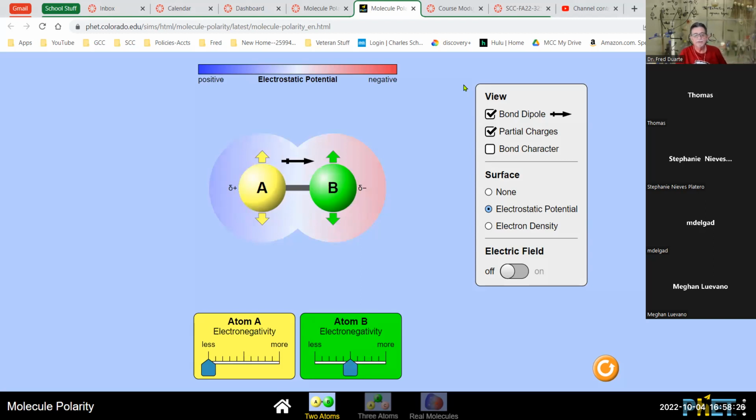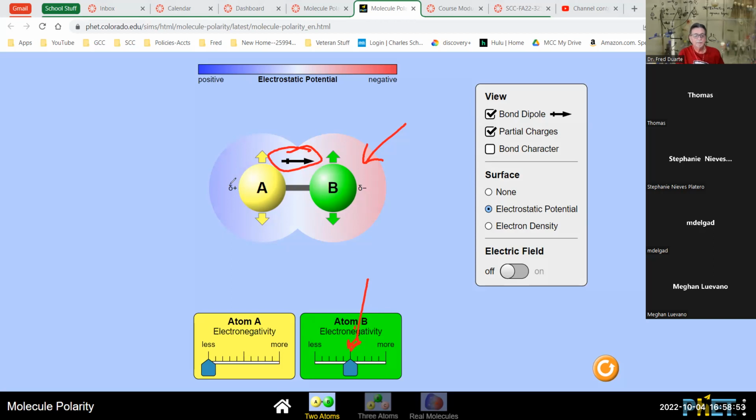Okay, because here the red color represents the electron density. B's electronegativity is increased much more than A's. So it's starting to pull the electron density onto itself, resulting in that particular dipole arrow, where the arrow is going toward B because the electronegativity of B is greater.